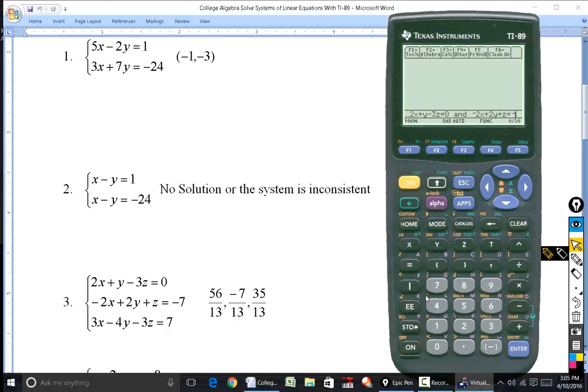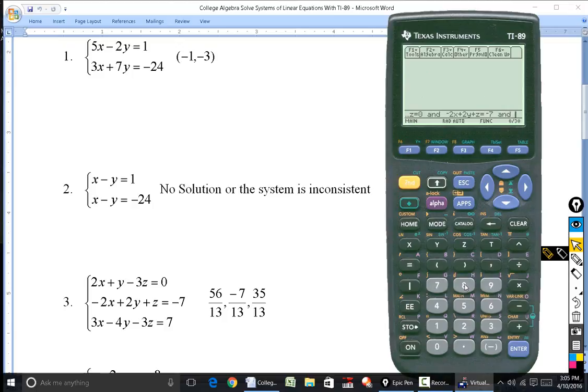Okay, same thing again. We need another and because there's another equation after this. So again, second, then 5 to access the math menu, then number 8, and then number 8 again, and then we have the word and. Then again you just enter the next equation.